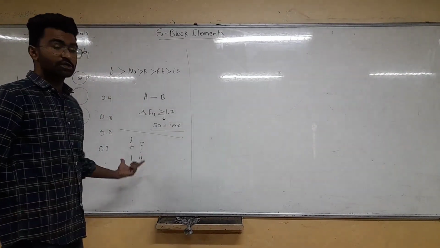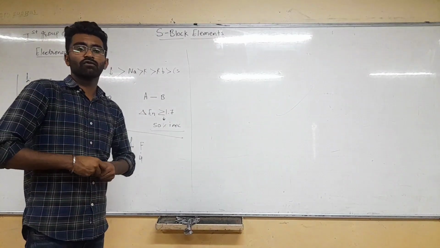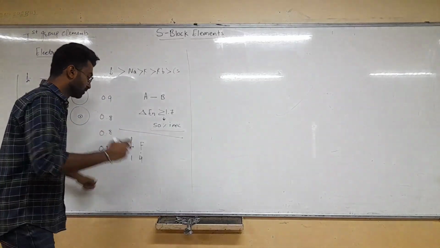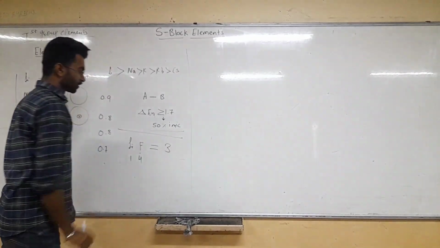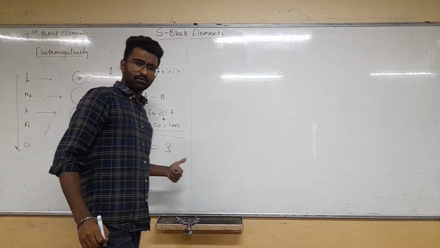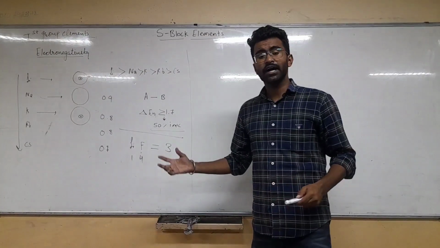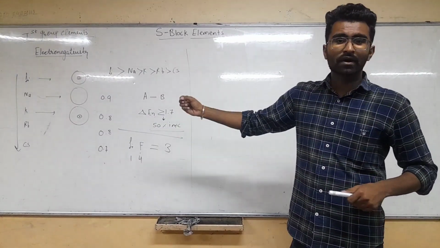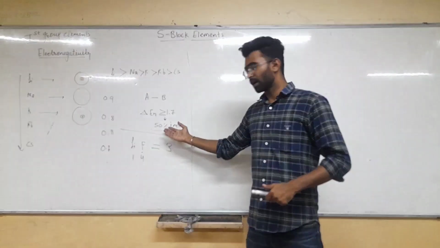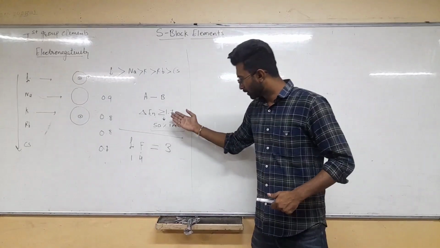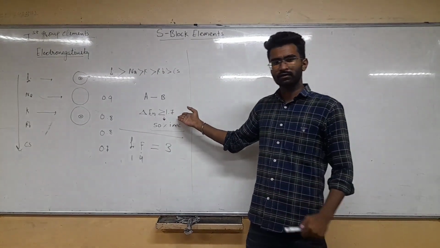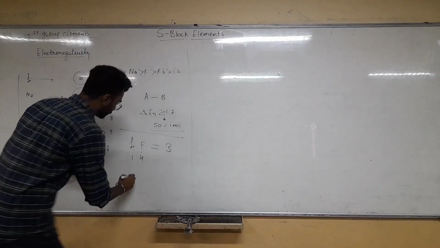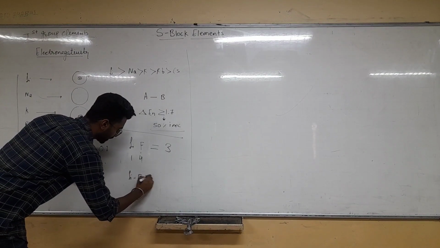So what is the difference between the electronegativity of lithium and fluorine? This is 3, so it is greater than 1.7. So what kind of bond will be between lithium and fluorine? This is ionic. We can see that the difference is greater than 1.7. So the bond between Li and F is ionic.